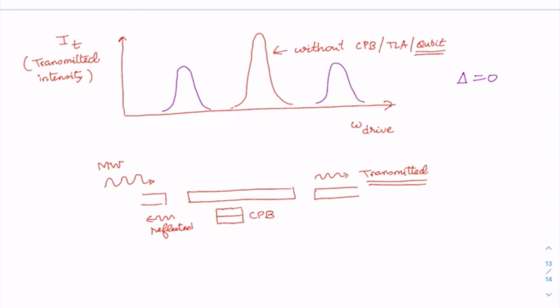And the spacing between these two peaks was found to be 2g, where g is the coupling strength between the Cooper pair box and the microwave signal, right? So this is what they observed experimentally.